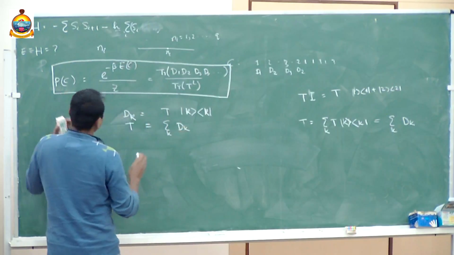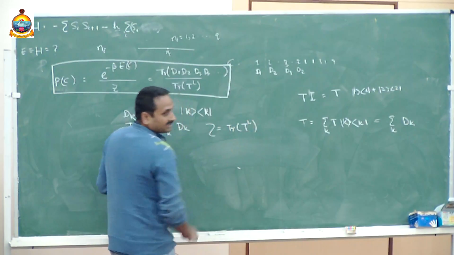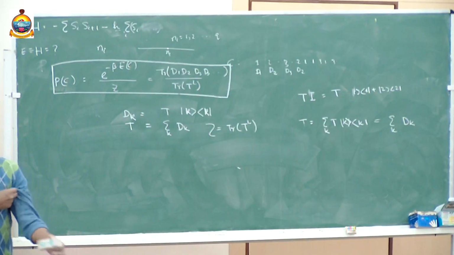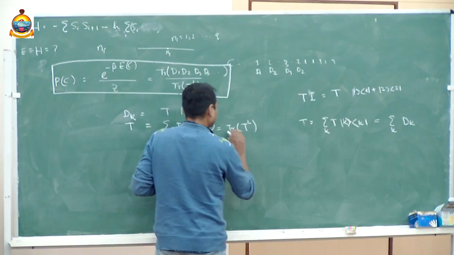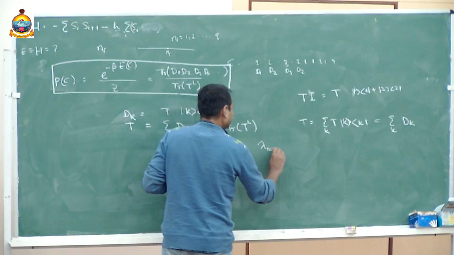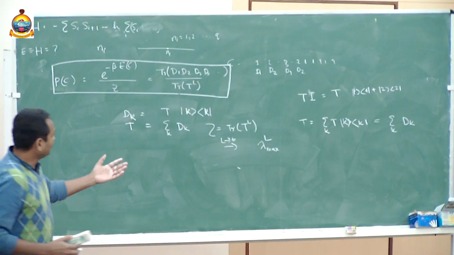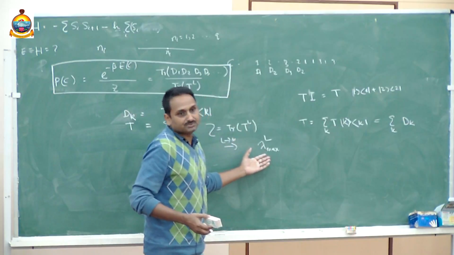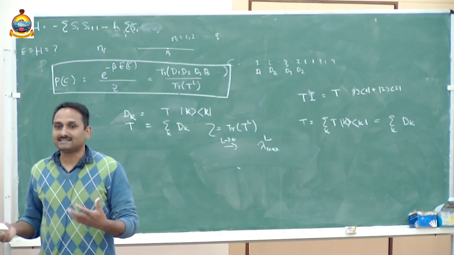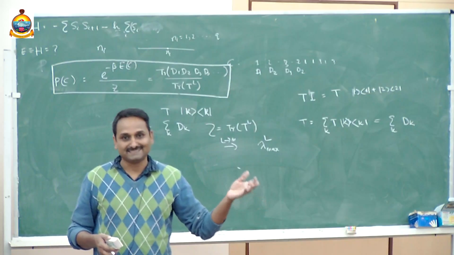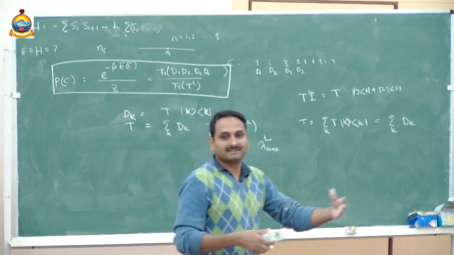T equals summation over K of d_k. And then the partition function, of course, Z equals trace of T to the power L. What we are trying to find is that trace of T to the power L in the large L limit, L going to infinity, which is just lambda max to the power L. So the partition function depends only on lambda max to the power L. Whatever can be derived from the partition function, like in statistical mechanics, you can differentiate the partition function or the log of the partition function a few times, and you can find whatever quantities.